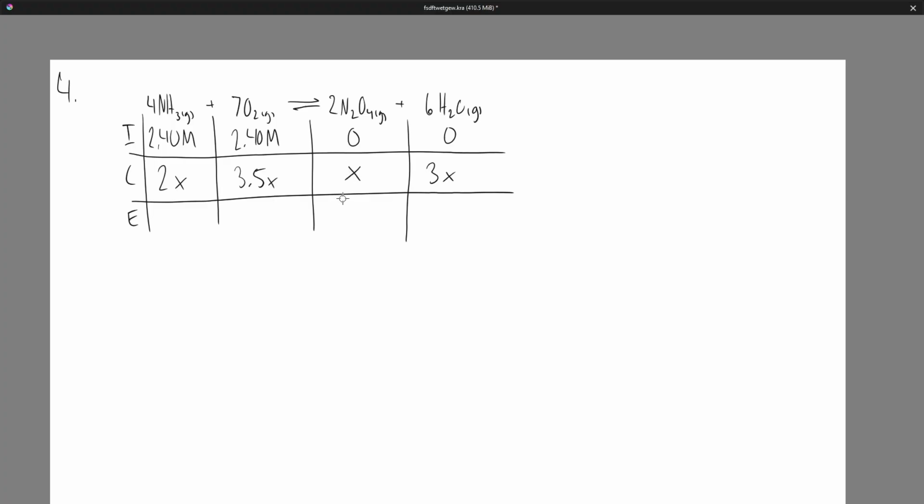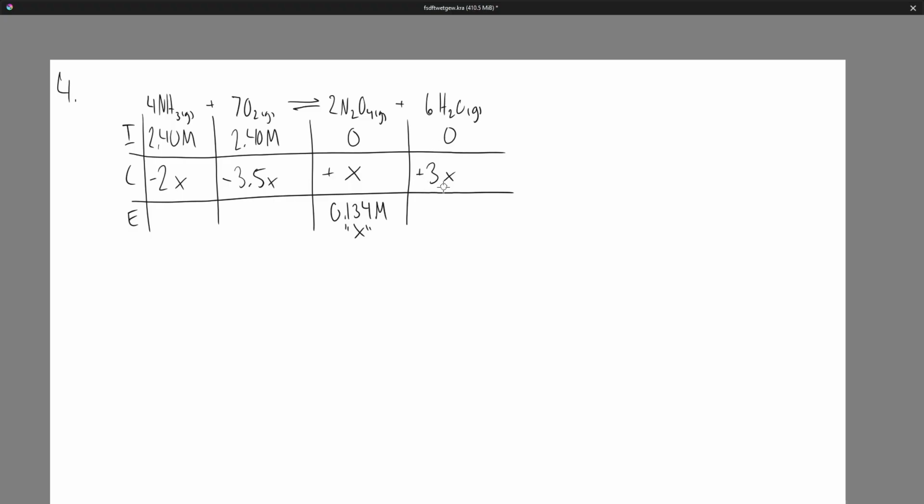In the problem, we're given the equilibrium concentration of N2O4, which is 0.134 molar. So this is going to be our x, basically. This is what we want to replace everything else with. For all the other equilibrium concentrations, we want to add or subtract x. I forgot to put this, but remember for reactants, it's negative x, and for products, it's positive x.